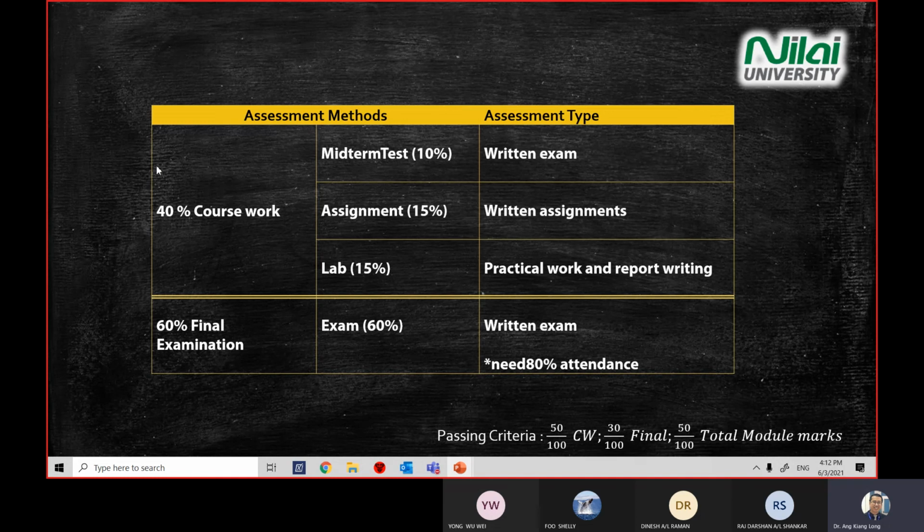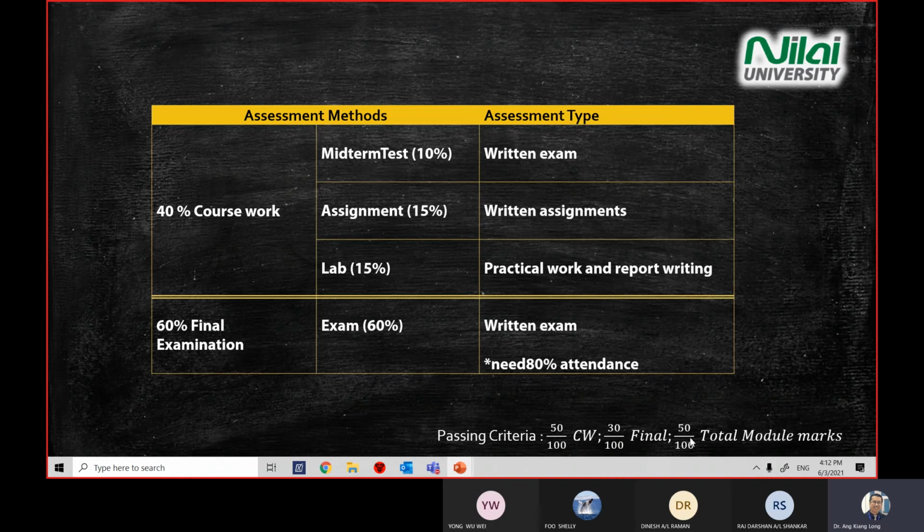Before the final exam, I will release the marks for the 40% coursework, so that you know how many points you need to achieve in the final for your target grade. The passing mark for the final exam for this module is 30 marks out of 100, meaning Question 1, 2, 3 and 4 add up to 100 marks. You need to score at least 30 out of 100 to pass the final exam.